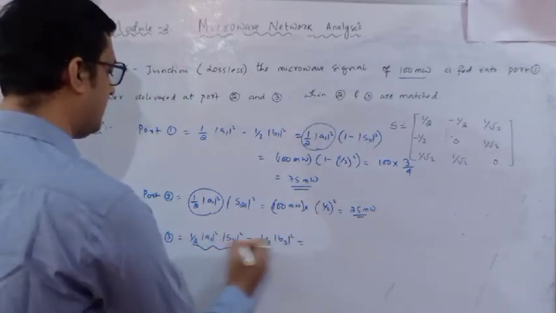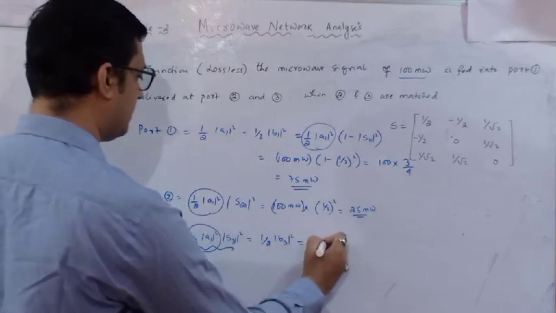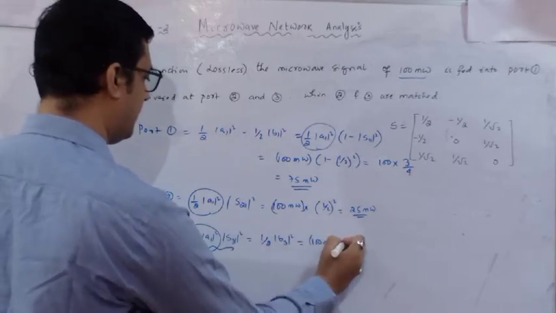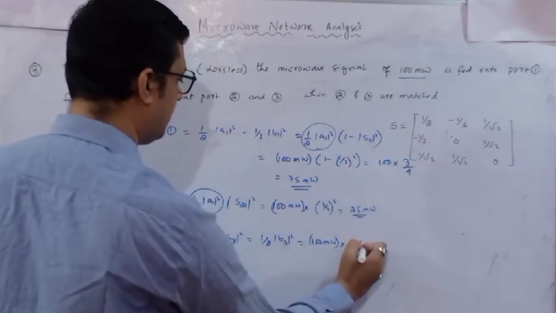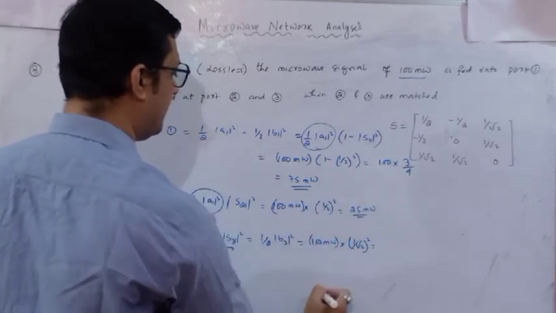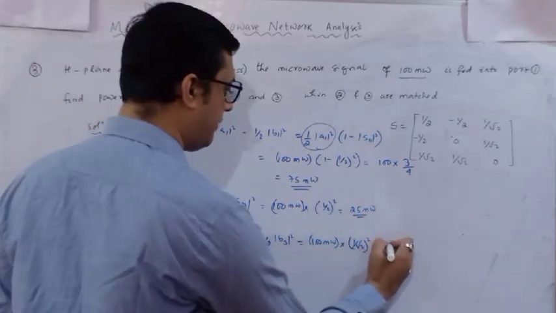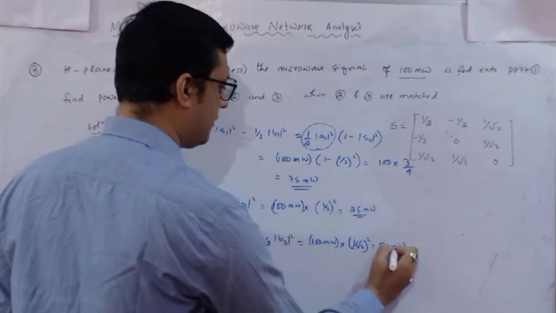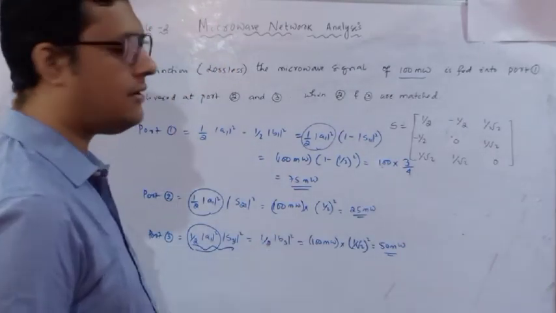This whole value is 100 milliwatt, and S31 you can see is 1 by root 2, whole square. So 100 divided by 2 is near about 50 milliwatt. If you add these two, you will get your 75 milliwatt. So it is justified.